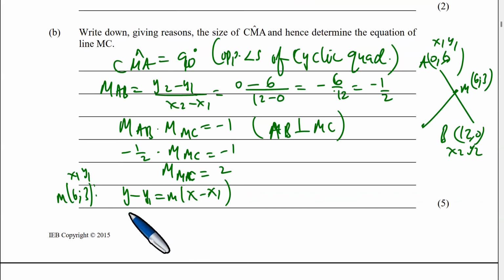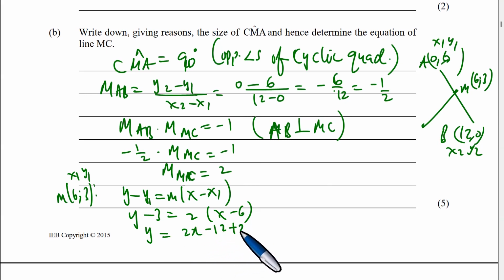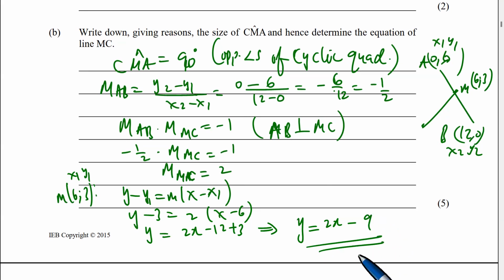Which means y minus 3 equals the gradient 2 times x minus 6. So y equals 2x minus 12 plus 3, and this means that y equals 2x minus 9.